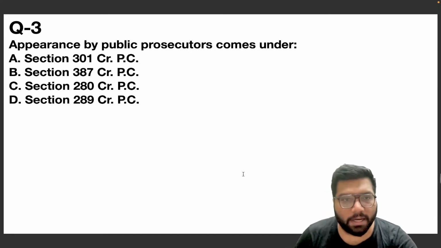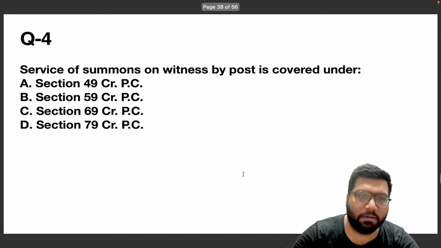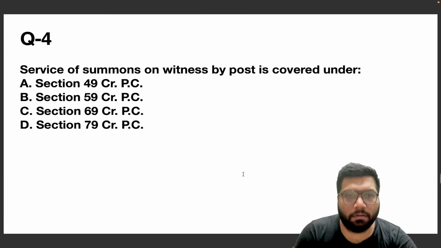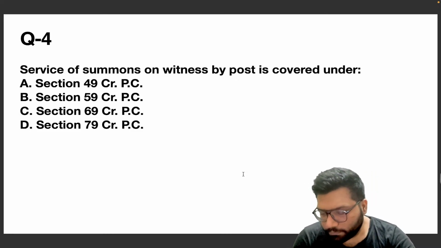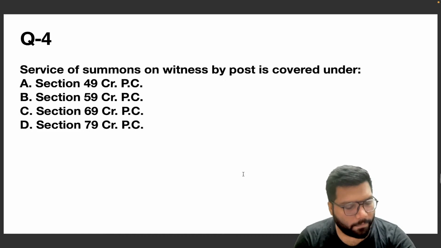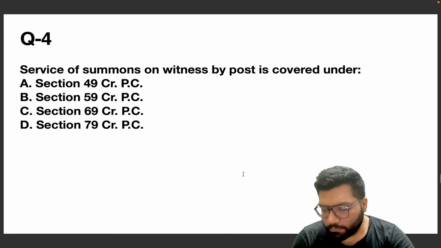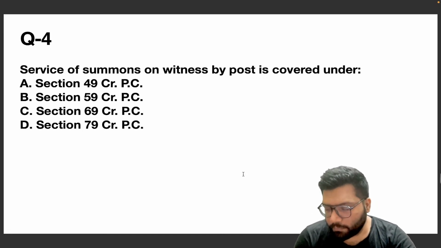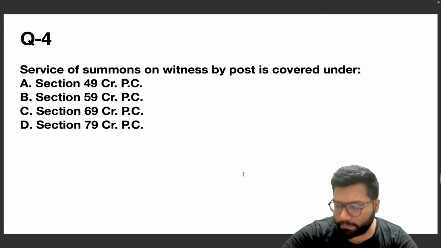Mohit, A is the correct answer. Section 301 CrPC. Section 69 CrPC is the correct answer.